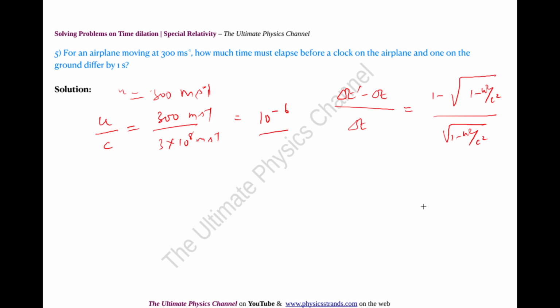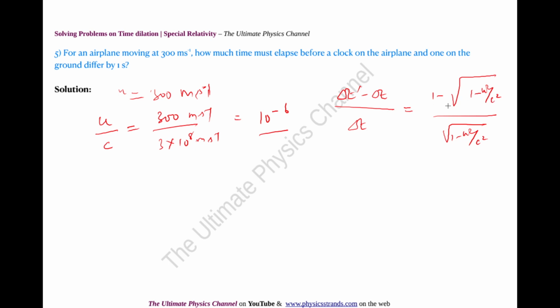So here, following the same approach, we can do the binomial expansion, or we can directly substitute u here.